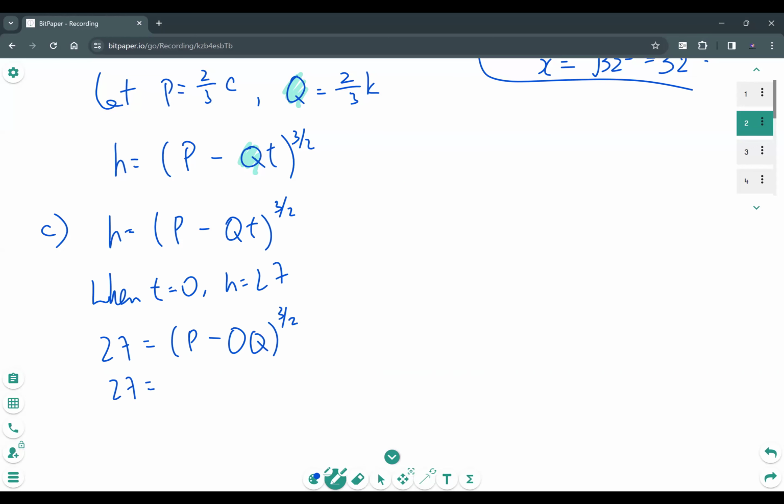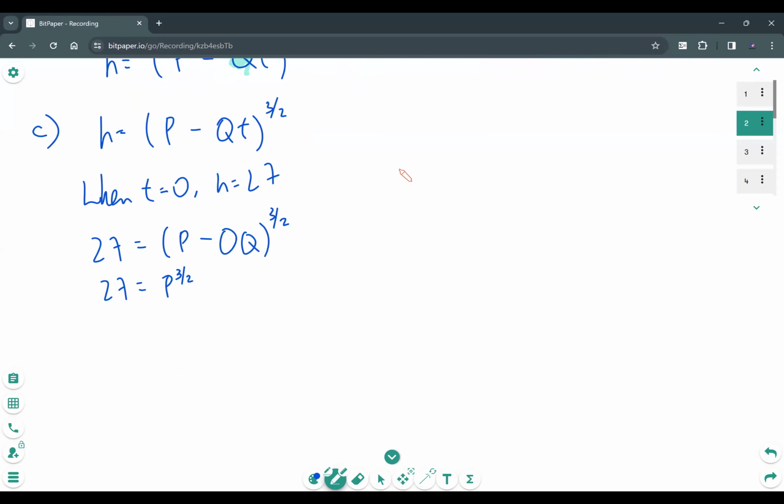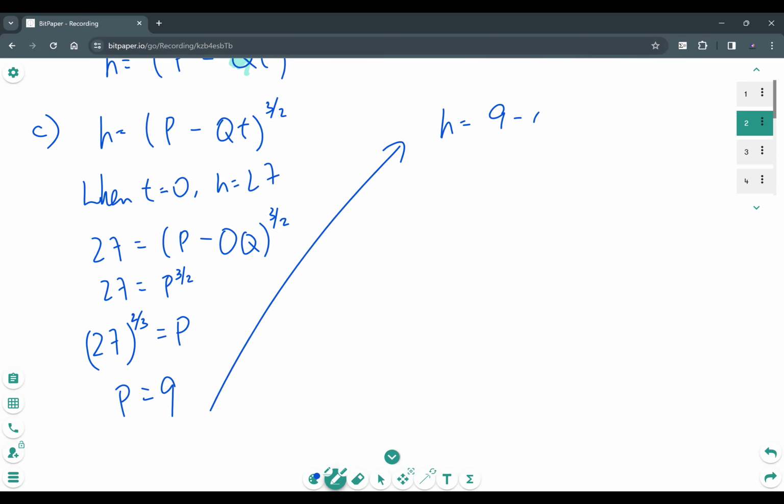That's gone. So 27 equals p to the power of 3 over 2. If I want to get rid of this 3 over 2 in the power, I can do the reciprocal power on the left-hand side. So 27 to the power of 2 over 3 equals p. Put in a calculator, or you can do super quick mental math like I do. 27 to the power of a third is 3. 3 squared is 9, so p equals 9. Therefore, h equals 9 minus qt to the power of 3 over 2.